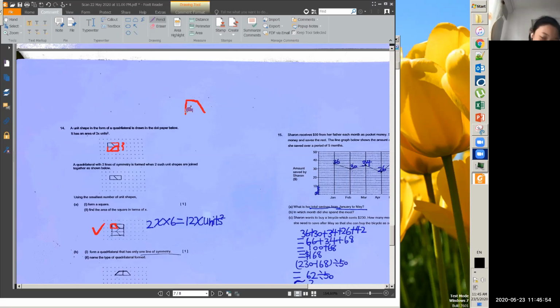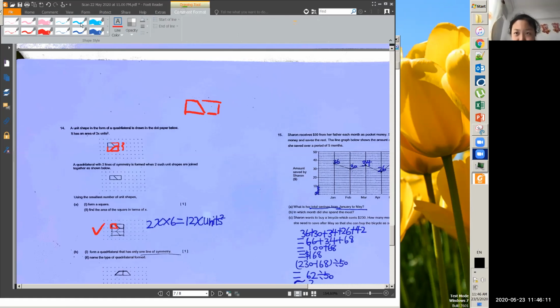Let's say you start with this. You just have to look at the screen. Okay. So if you are given this one, I just need to add this. Let me choose another color. So okay, look at the screen.